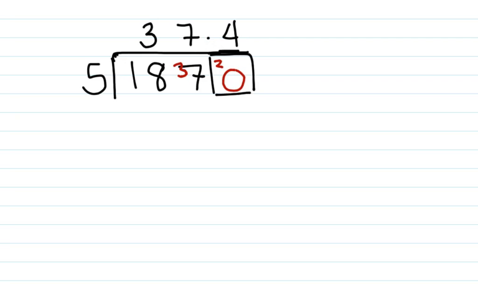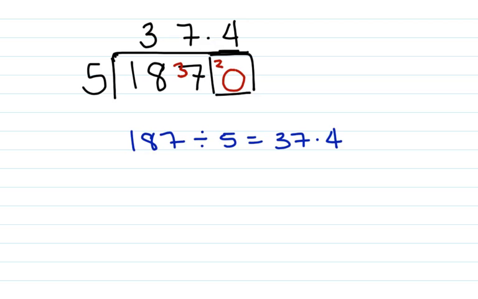No. No remainder left, so no need to carry on. I am now finished. So therefore, I'm saying to you that 187 divided by 5 is equal to 37.4.